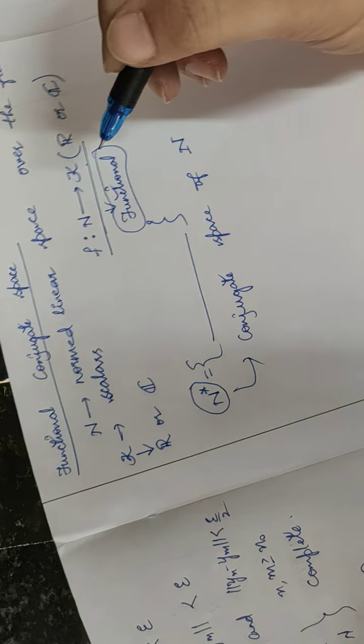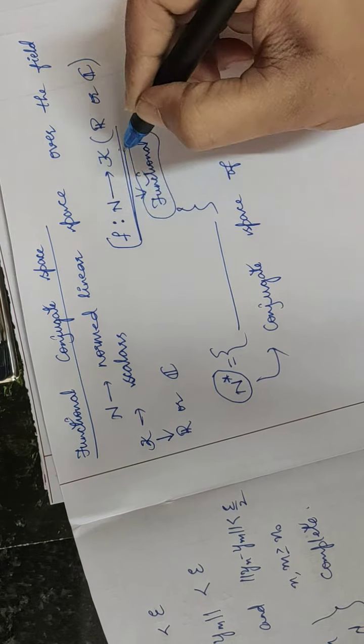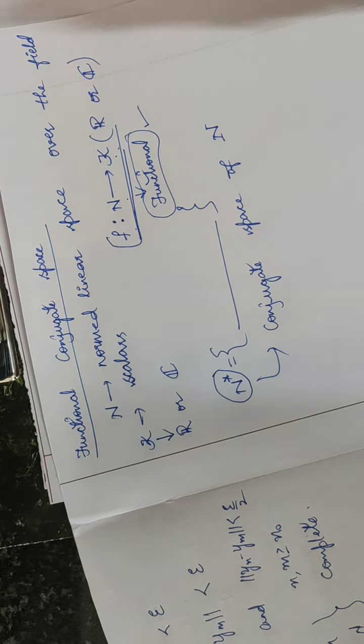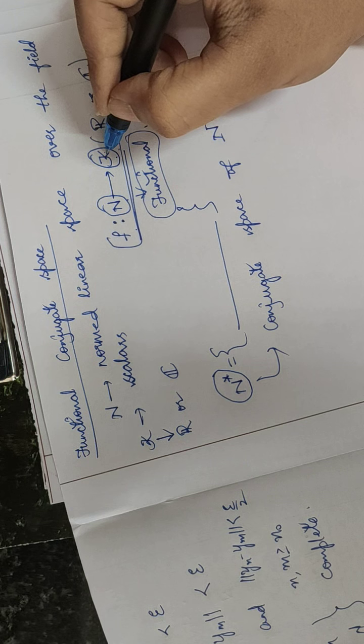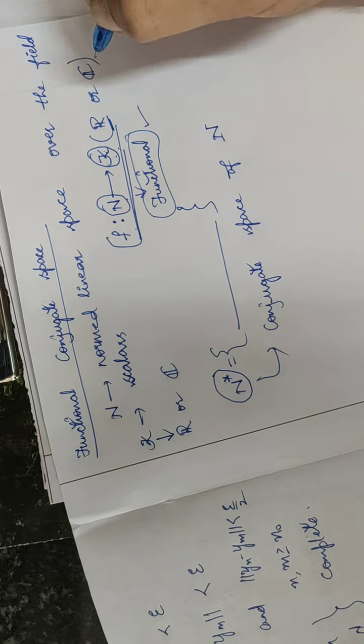I repeat. First, any mapping F from N to K is said to be a functional, where N is a normed linear space over the field K, where K contains all scalar values and that K may be real or complex.